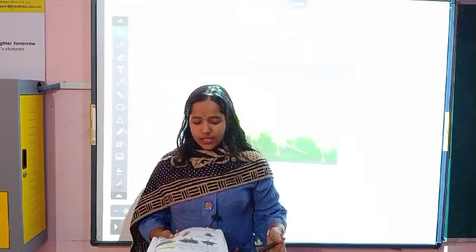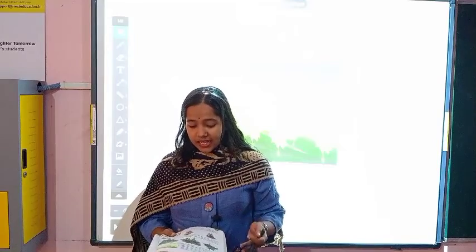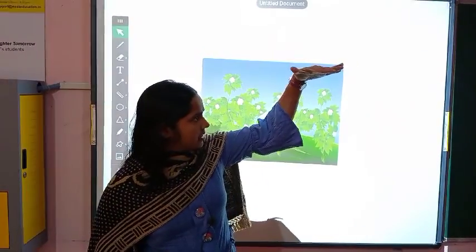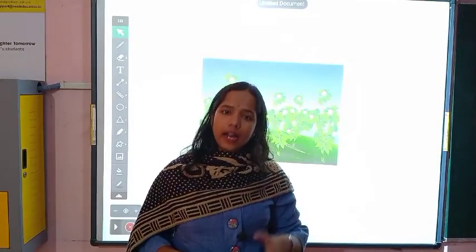Examples: rose, sunflower, hibiscus, basil like tulsi, lemon. Can you see a lemon tree is about this size? The stem of that lemon is also hardy and woody. Woody means it is made up of wood. Understood?